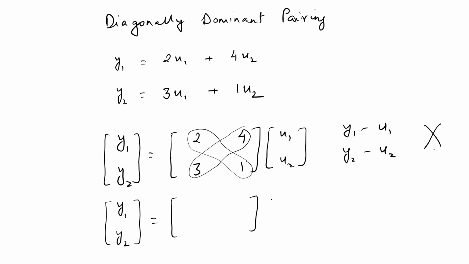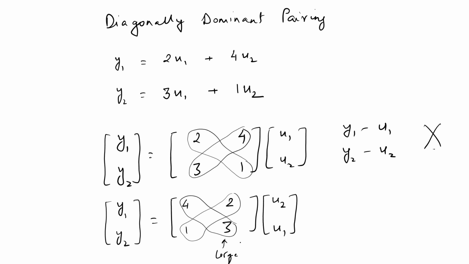Now y1 is going to be paired with u2, so I'll write u2 first. This is the same set of equations, except that the pairing has been reversed. The columns are flipped, 4 2, 1 3, and now you can see this is diagonally dominant. These terms are larger and these are small.